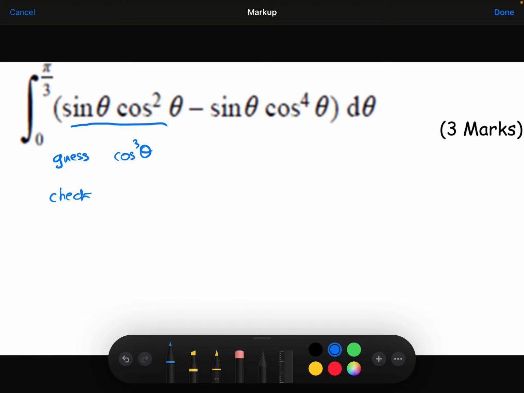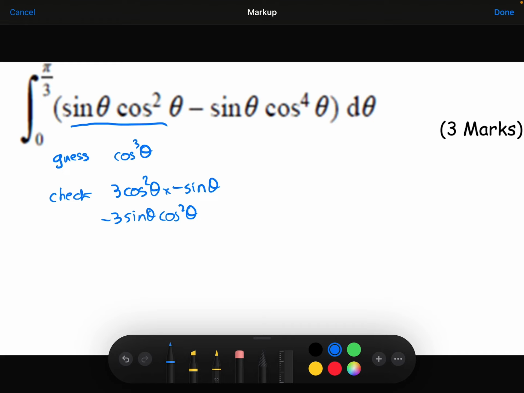Right, differentiating that, I would get 3 cos squared theta multiplied by the derivative of the inside, which is minus sine theta. So I'd get minus 3 sine theta cos squared theta.